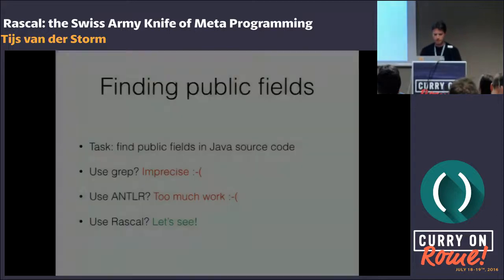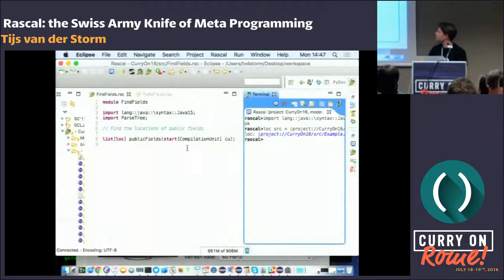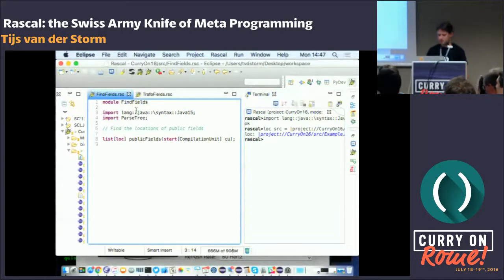So I'm now going to demo mode. I hope this is all readable. Yes. Okay, so I have a module here defined in Rascal in our IDE. It's called FindFields. We import the context-free grammar of Java 1.5 in this case.